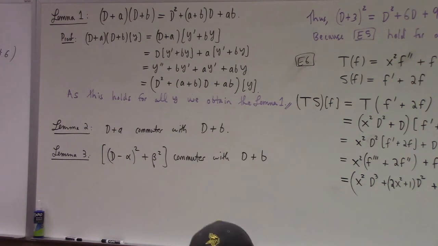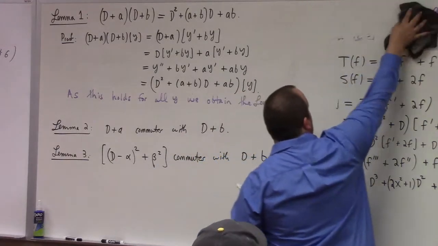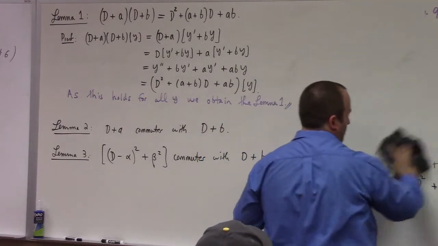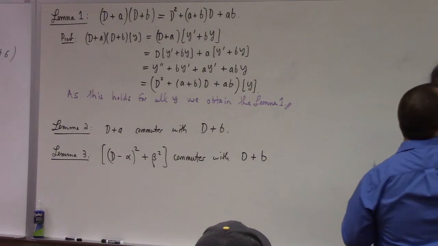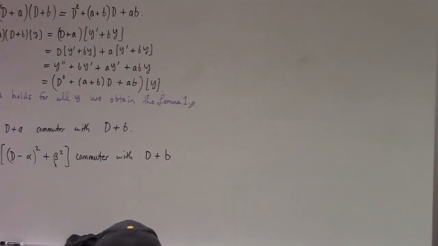How would we prove it? The proof would be very similar to the ones I've already done. Just feed it a function, and you can show that you get the same thing from both sides.